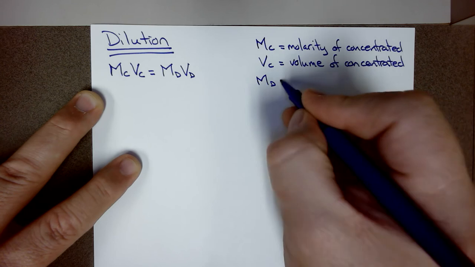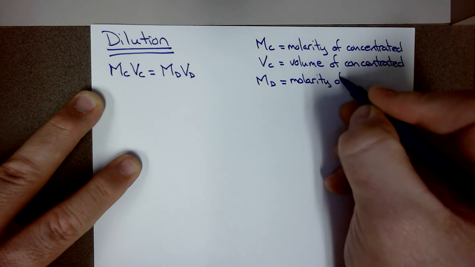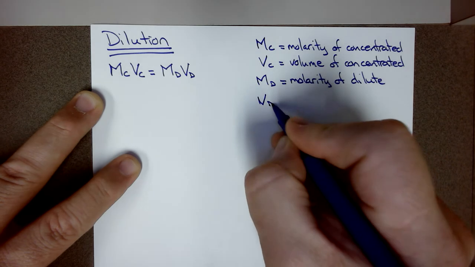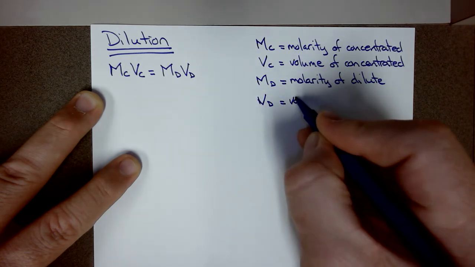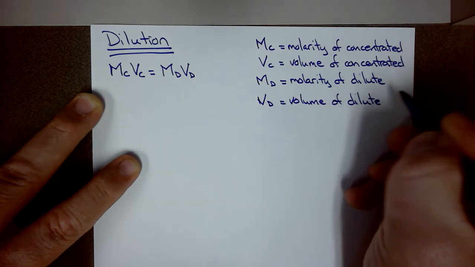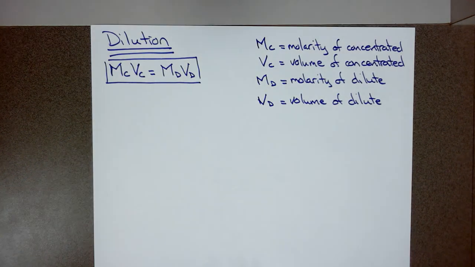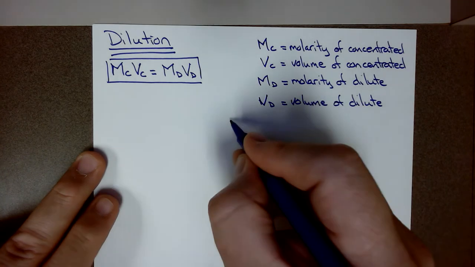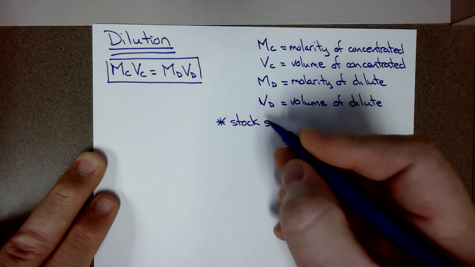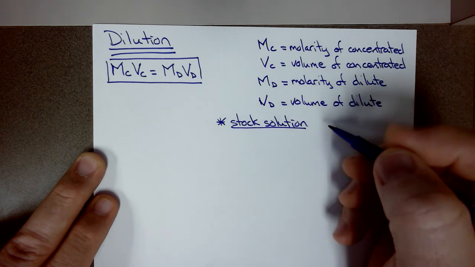MD is the molarity of dilute solution, and VD is the volume of dilute solution. Okay, so this is my equation, and just to remind you, if I see something that says stock solution, a stock solution is the concentrated solution.